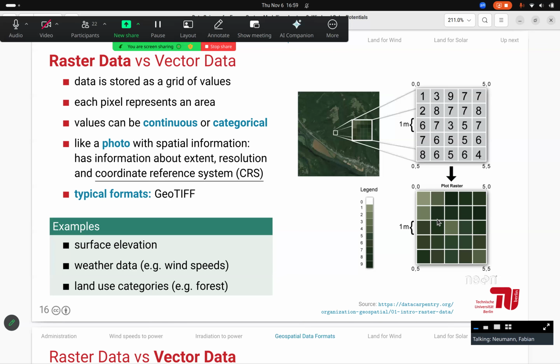Take this image, with different shades of green. We maybe simplify it and break it down to values from 1 to 9, each one represented by some color. And maybe say the 7 represents pine trees, and the 8 represents a leaf tree.